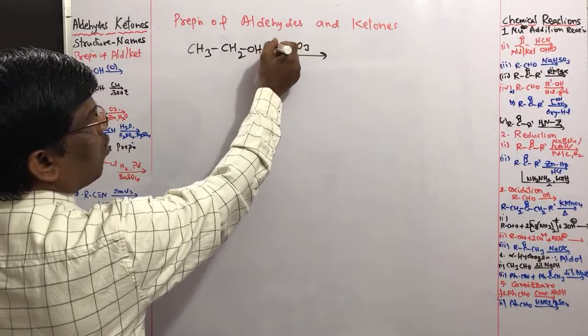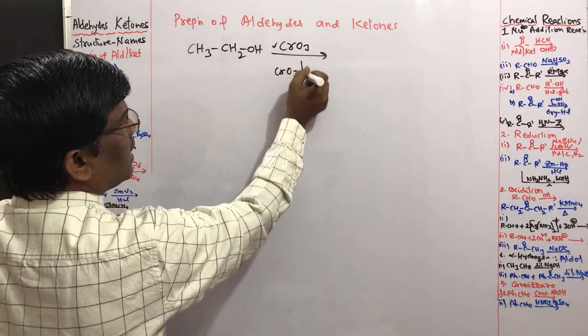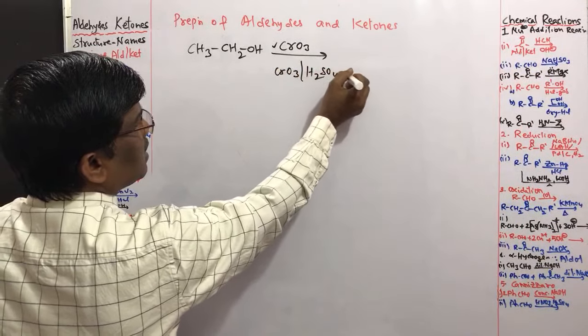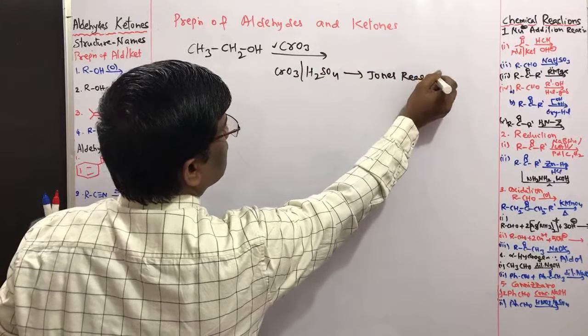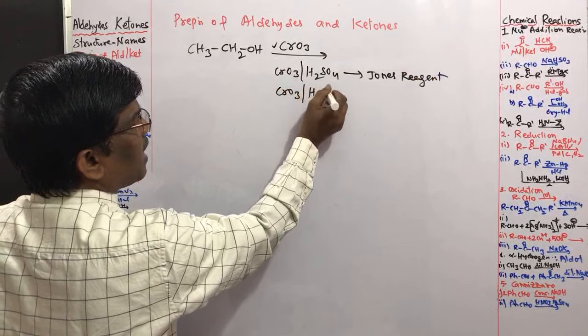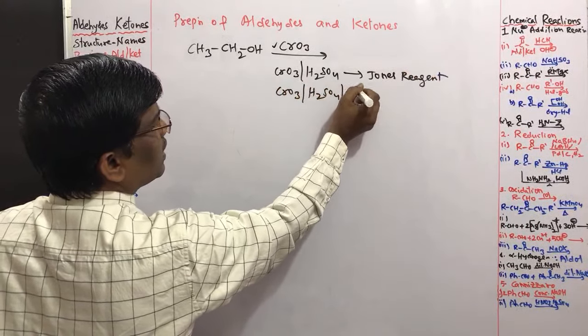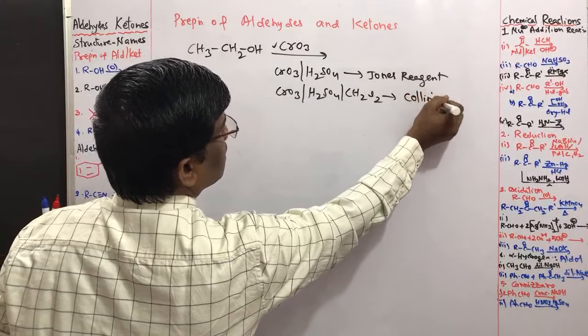So we can use chromium trioxide in sulfuric acid. It is Jones reagent. If I use chromium trioxide, pyridine in dichloromethane, it is Collins reagent.